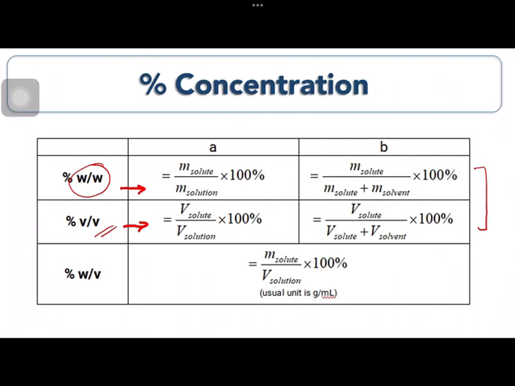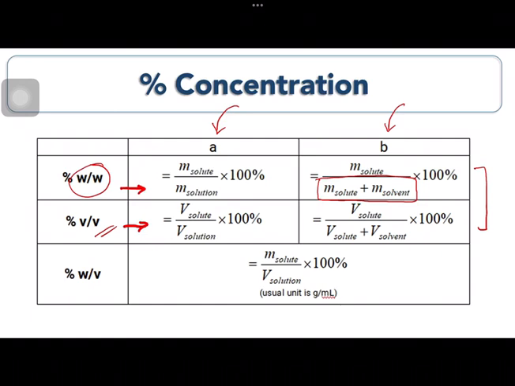So, itong A, ginagamit natin siya kapag meron na tayo nung measurement ng solute at yung solution na agad. Okay? Pero in case na you're given the two components natin, yung solute and solvent natin, then that means kailangan muna natin i-add yung masses or yung volume ng ating solute at solvent. That's why we have letter B here. Okay? So, yun yung tatandaan ninyo.